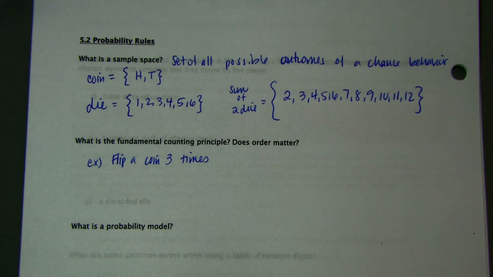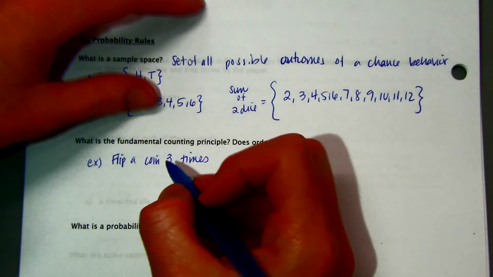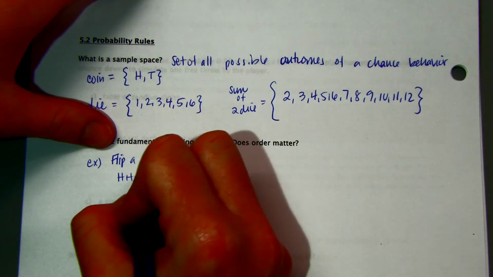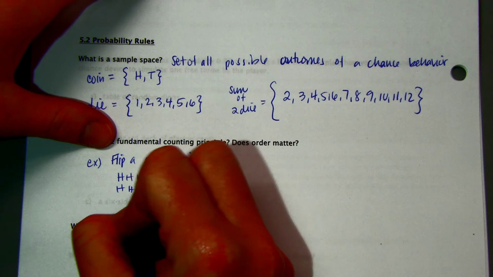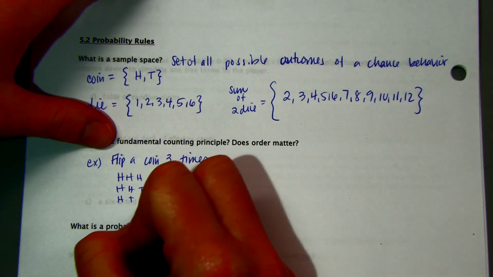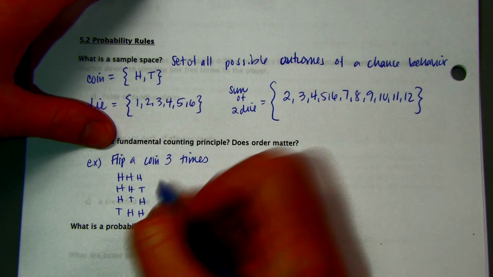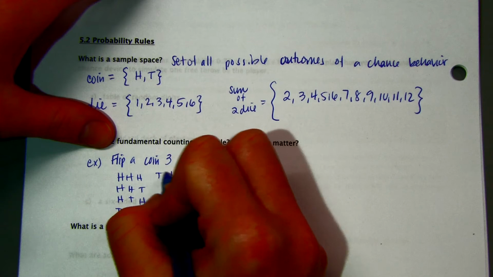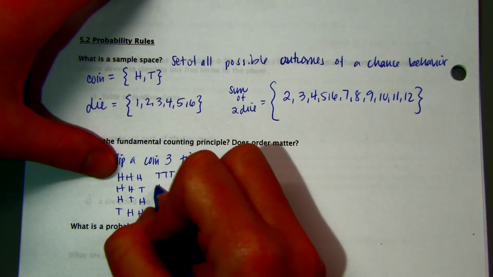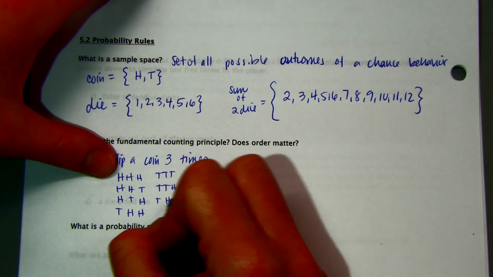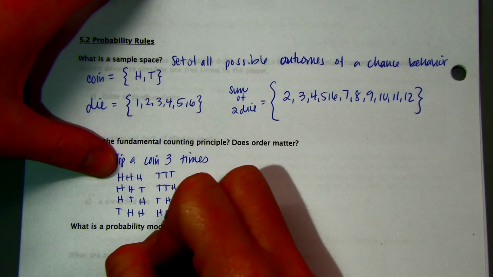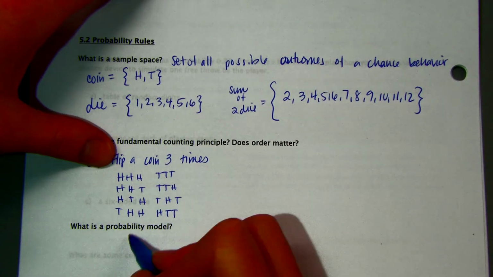So if I flip a coin 3 times, I could have heads, heads, heads; heads, heads, tails; heads, tails, heads; tails, heads, heads; heads, tails, tails; tails, tails, heads; tails, heads, tails; tails, tails, tails. Well, I can count them and see that there are 8.